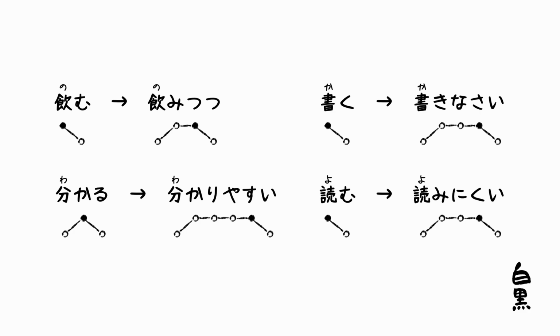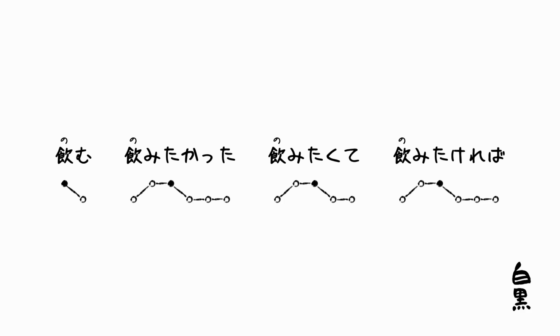Earlier, we discussed 対 in the agent type section and mentioned that it fluctuates between agent type and leader type. However, its following forms are leader type. Taking 飲む as an example, 飲みたかった、飲みたくて、飲みたければ. These are also explained in my short series.